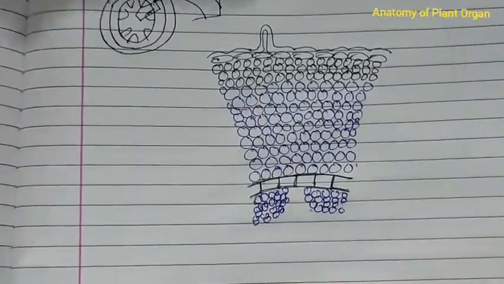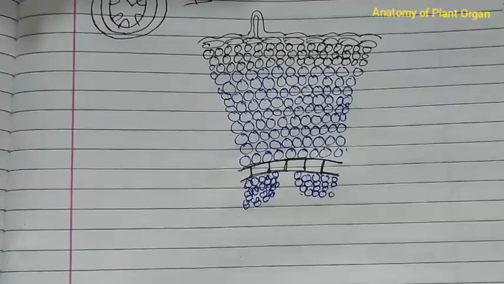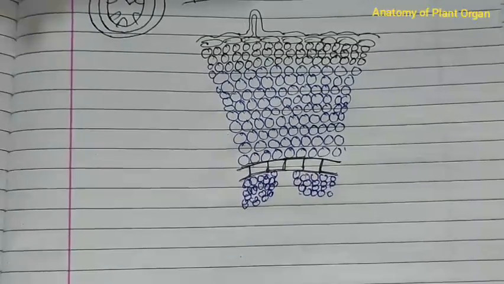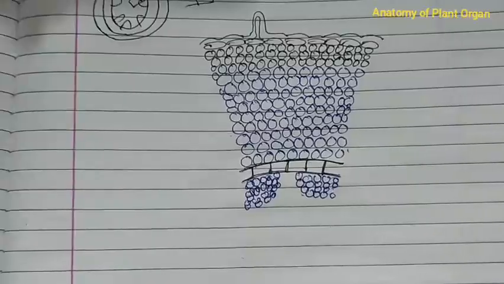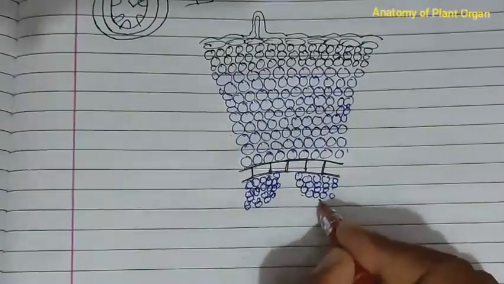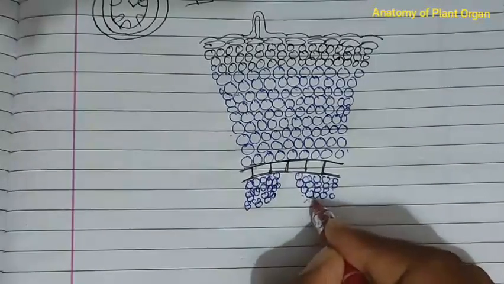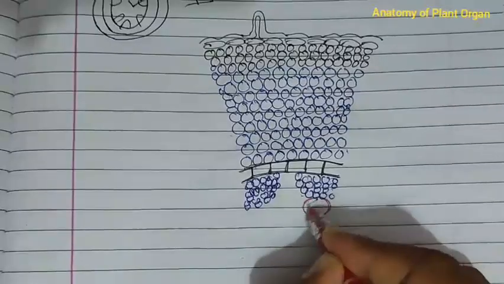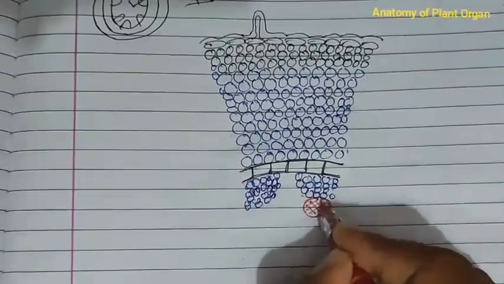Now when we see inner to this pericycle we talk about the vascular bundle, and in the vascular bundle the Dicot stem has a conjoint arrangement, so they have phloem and xylem. So here you can see this is the phloem.